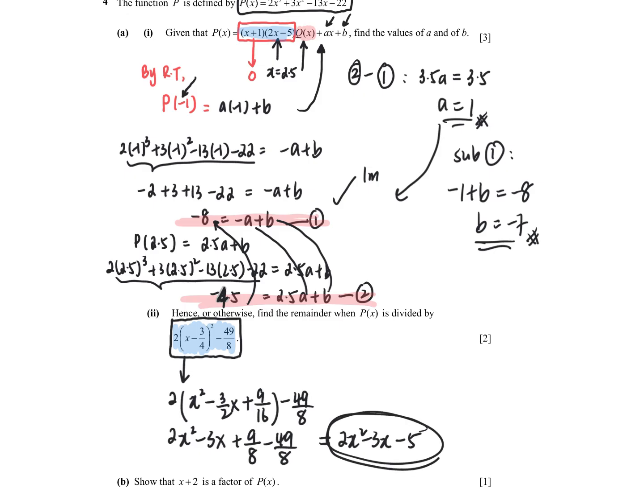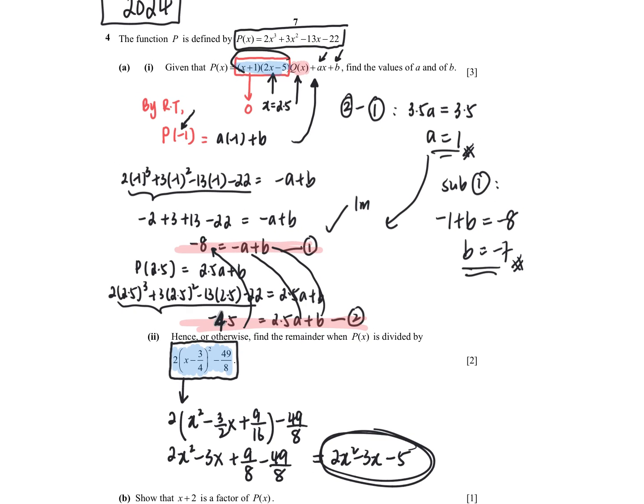So this expression actually is the expansion of this. Okay, if you don't believe, you can check. If you go and expand this out, usually this is the trend, they like to link it to that. And then you get 2x squared minus 3x minus 5.